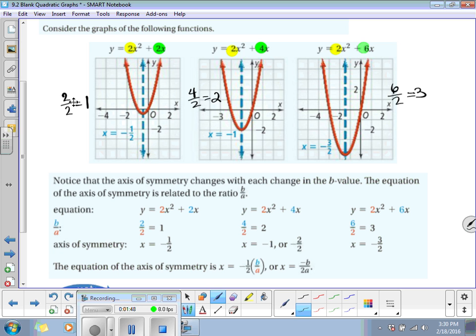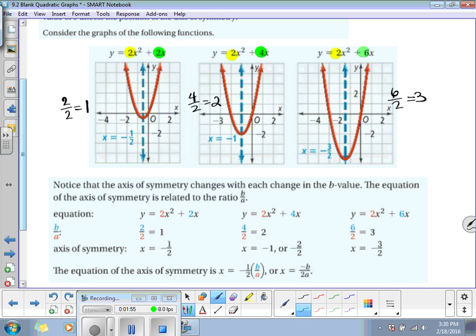Now, I want us to take a look at where the axis of symmetry is. The axis of symmetry is this blue dotted line. So, this axis of symmetry is at x is equal to negative 1/2. Everybody see that?